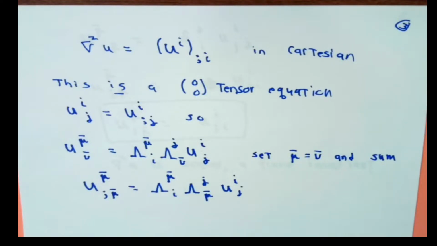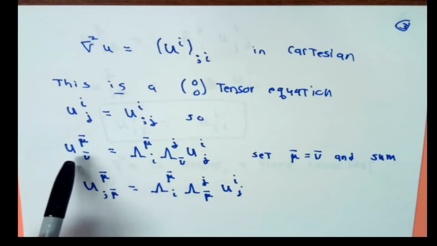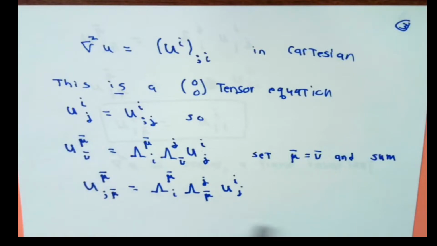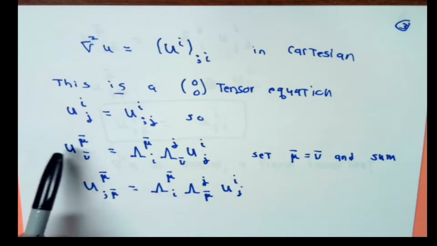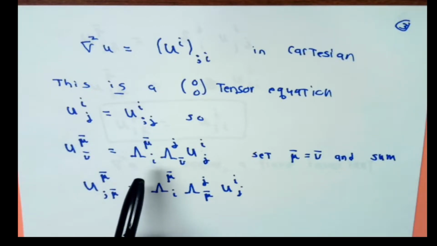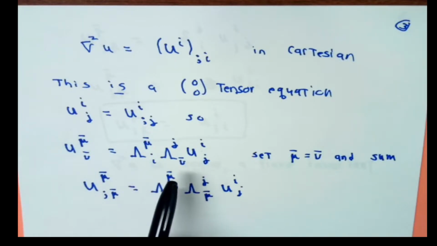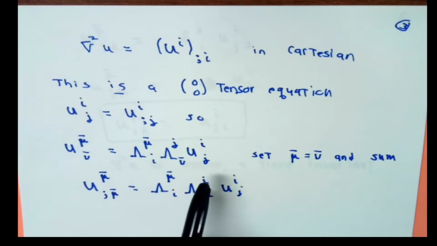Let me rewrite this in a different coordinate system. We know how to transform tensors from one system to another. So U^{μ̄}_{ν̄} is Λ^{μ̄}_{i} Λ^{j}_{ν̄} U^i_j.